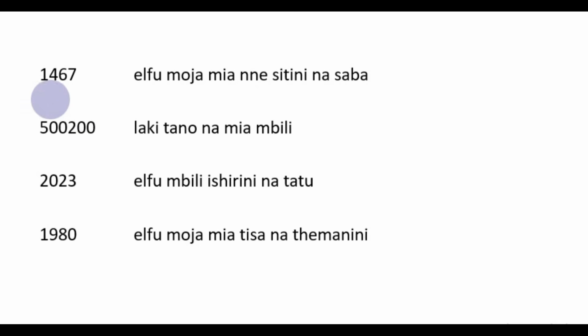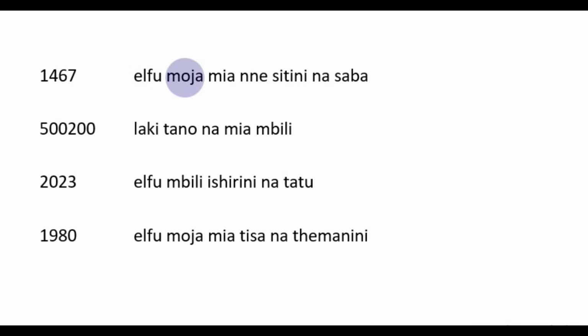So literally we are adding 1000 plus 400 plus 60 plus 7, 1467. This is 500,200. Remember we said that 100,000 is laki moja, laki tano na 200.